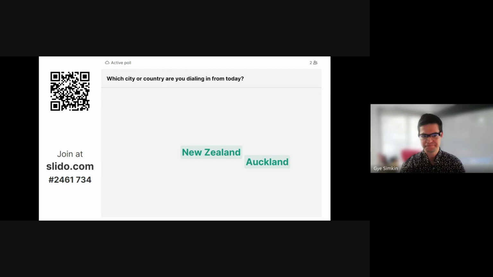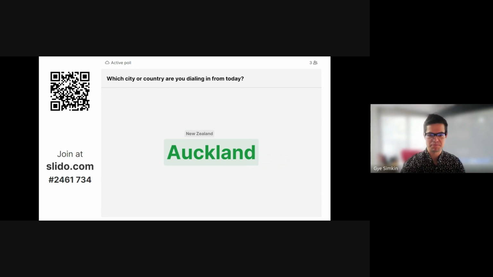So I was hoping to see at least one Australia pop up here. I'll give it another few moments before we jump into it. Auckland seems like it's one of the key locations. All right, it looks like everyone is joining from Auckland or maybe New Zealand. Well, definitely New Zealand, but mostly Auckland today. So we'll see what type of questions we get from a New Zealand audience.